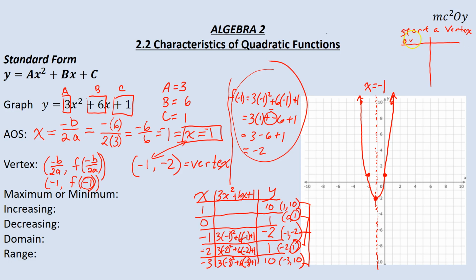If you go over a certain amount and then up or down a certain amount, you can graph a quadratic really fast. So if I start at my vertex, in this case, I start right here, and I go over 1. I move over 1. Then I'm going to go up or down.